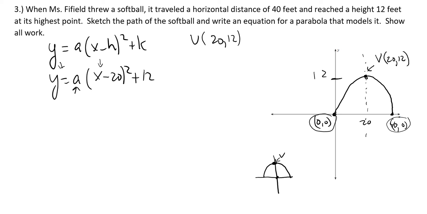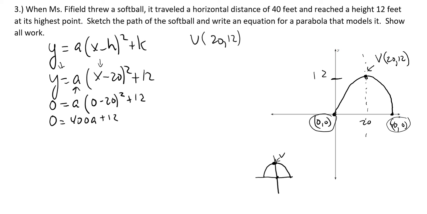I like using the origin, so I get 0 equals a times (0 minus 20) squared plus 12. So 0 minus 20 is negative 20. Negative 20 squared is 400. So 0 equals 400a plus 12.